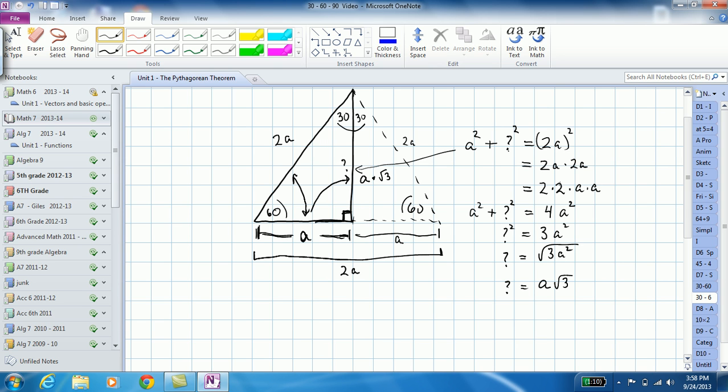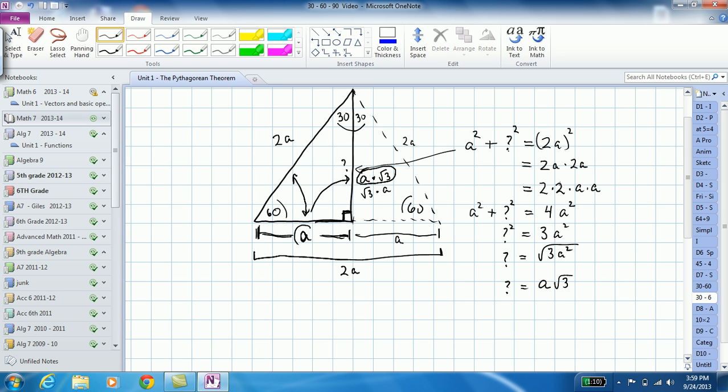Typically I write that as a root 3. It's still root 3 times a, or a times root 3. It doesn't matter which way you write it. I usually write it as a root 3 because that makes it clear that the a is not underneath the radical anymore.